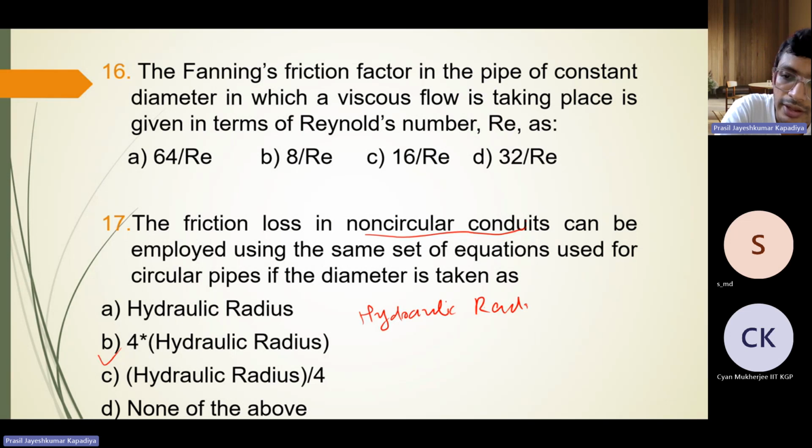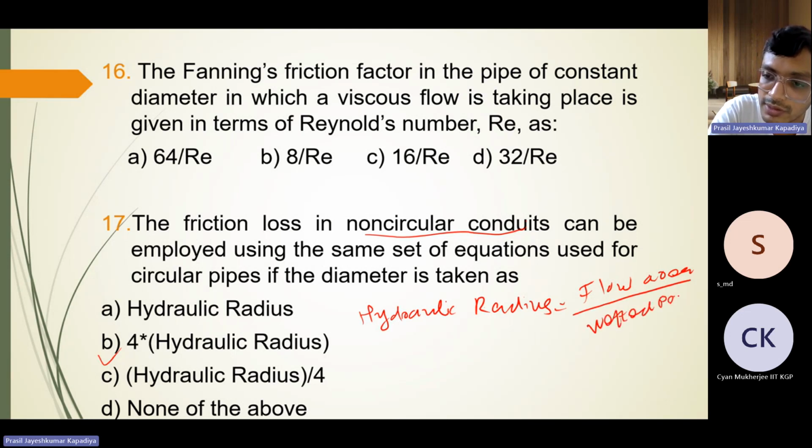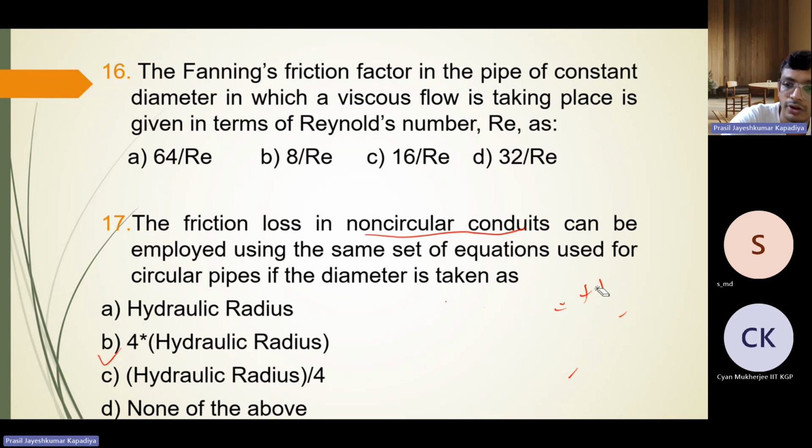Hydraulic radius is nothing but flow area divided by wetted perimeter. So this is how we can find hydraulic radius. So the answer should be 4 into hydraulic radius when we are dealing with non-circular conduits.